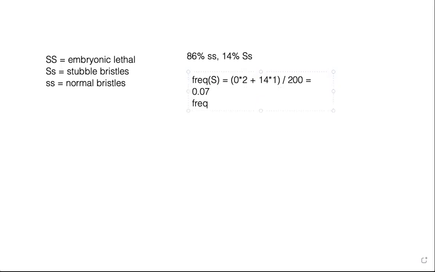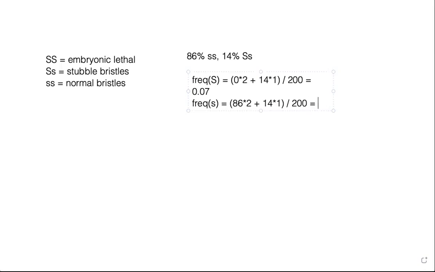And then for the frequency of the little s allele, you have 86 flies out of 100 that have 2 of each allele. You have 14 flies out of 100 that have 1 of each allele. You divide by the total number of alleles in the population, which is 200. If you have 100 flies, you have 200 alleles.